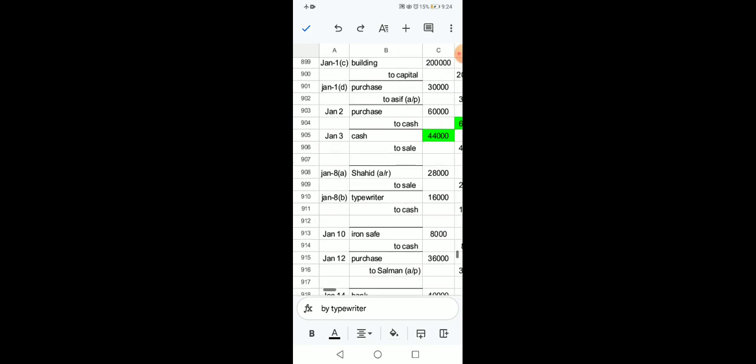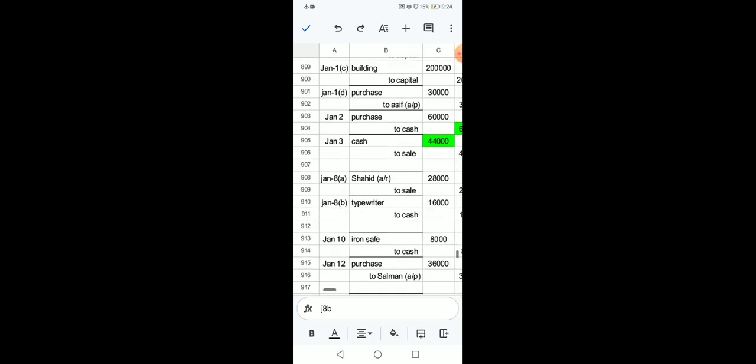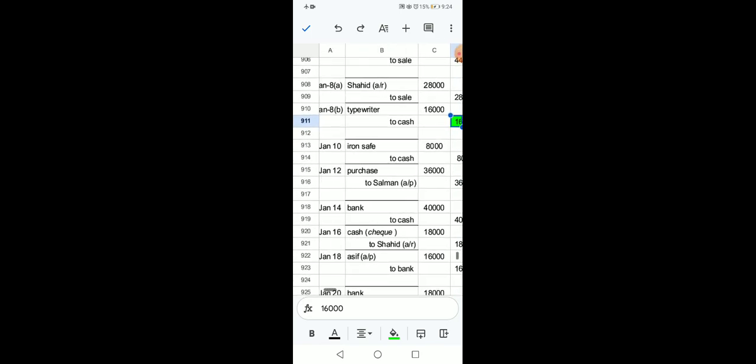See this 16,000 date, which is January 8. So here you will put your date, January 8. 16,000 posting completed. The cash was credited, we have posted on the credit side, so it has been completed, and we have marked it as done.